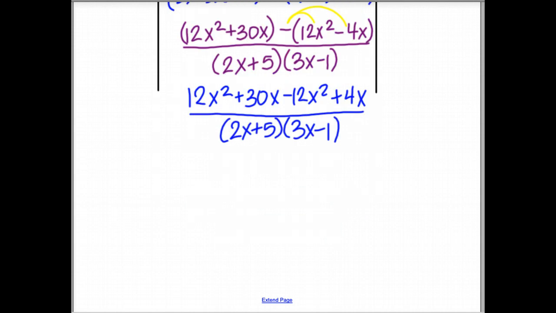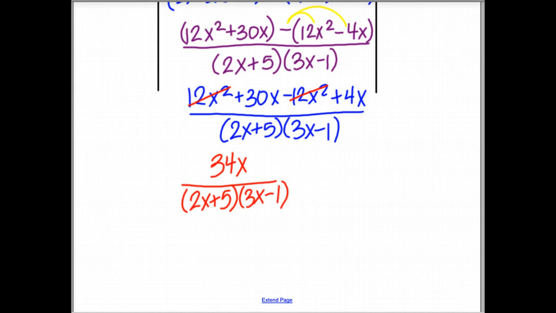So now I see that the 12x squareds are going to cancel, and I have 30x plus 4x, which is 34x, over 2x plus 5 times 3x minus 1. And there's nothing I can cancel, because as you can see, there's nothing in common, which means that this is my final solution.